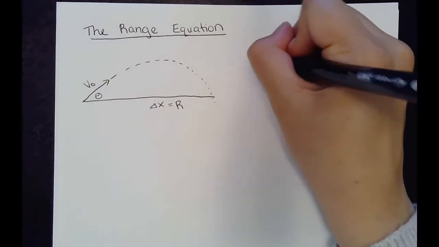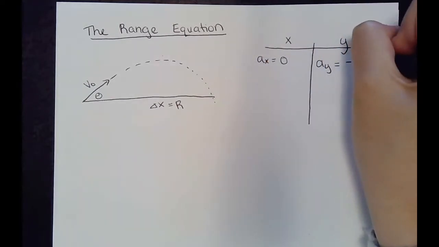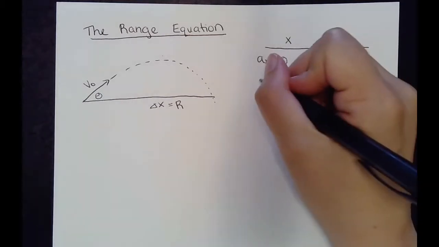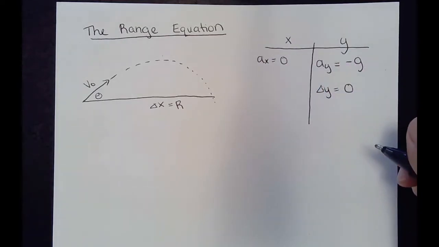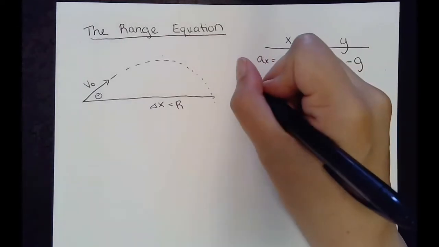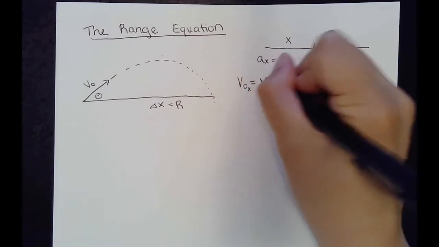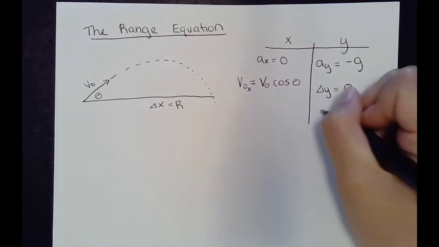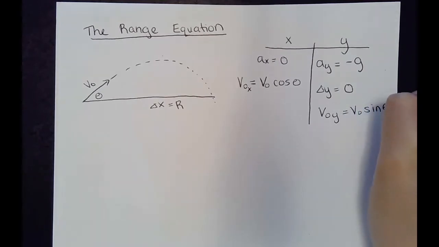Making our chart, we have a x equals 0. a y I'm going to write as negative g, just because I'm deriving an algebraic relationship here. And then I have delta y is 0. And now we would have velocity components as well. So v naught x is going to be v naught cos theta, and v naught y will be v naught sine theta.